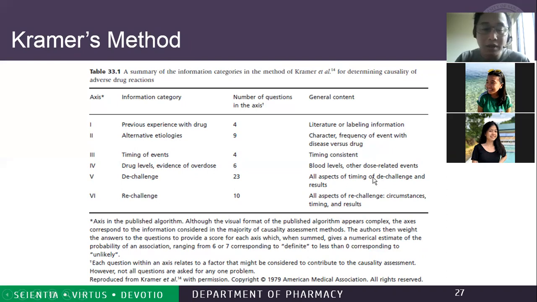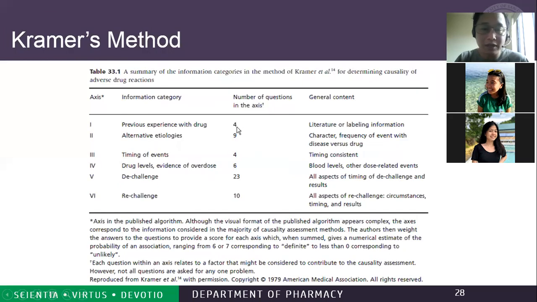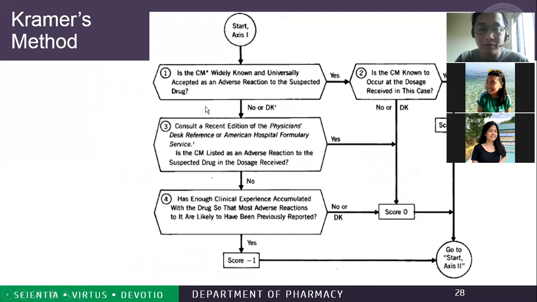It is complete, but because it is complete, it needs a lot of questions to be answered. The axis is just like this, for example. In the first axis there are four questions. The first question: is the reaction widely known and universally accepted? If yes, we go to the second question.